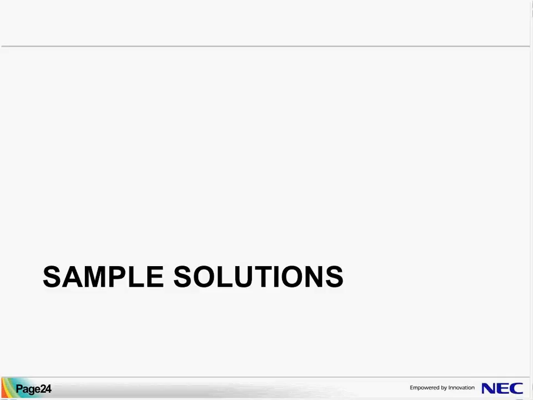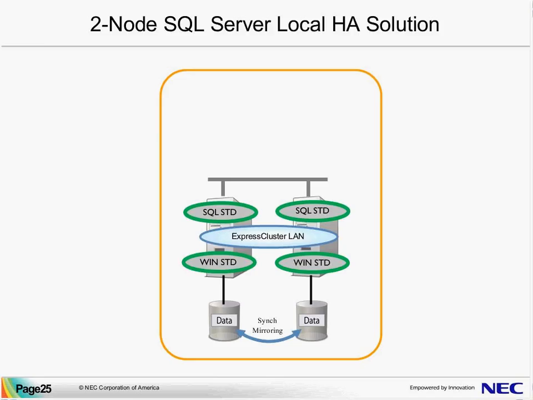And next, I just want to quickly go through some solutions that are especially well suited for ExpressCluster, especially with the new enhancements in Release 3. So here's a very typical deployment of ExpressCluster LAN edition for SQL Server high availability.